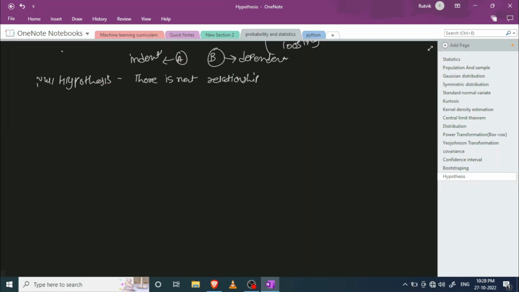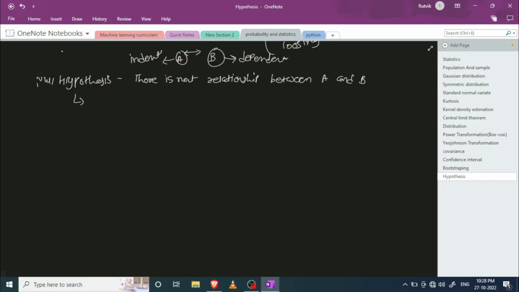And you want to identify the relationship between these two continuous random variables. So you made an assumption, and that assumption is that there is no relationship between A and B, right?